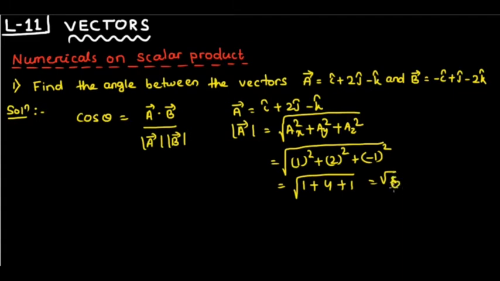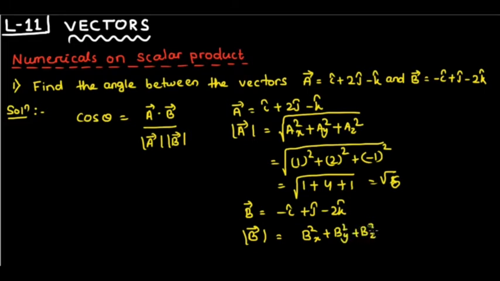So the magnitude of vector a we found is root 6. Similarly, vector b is given as minus I cap plus j cap minus 2k cap. The magnitude of b vector, again the formula is square root of bx square plus by square plus bz square.